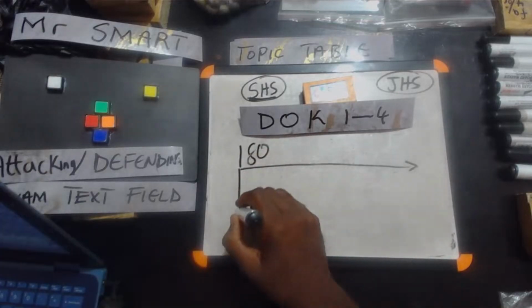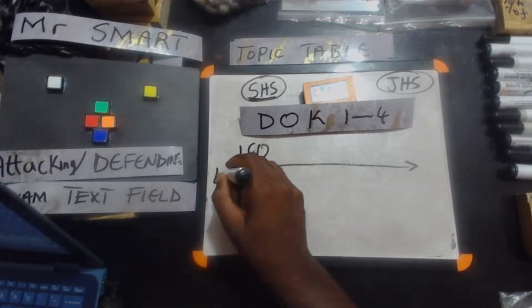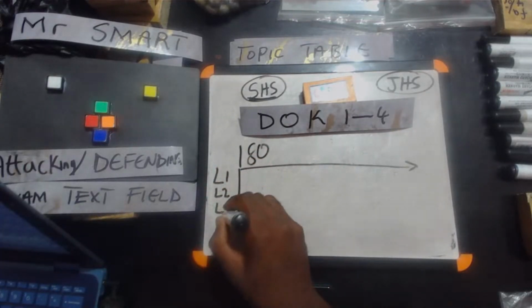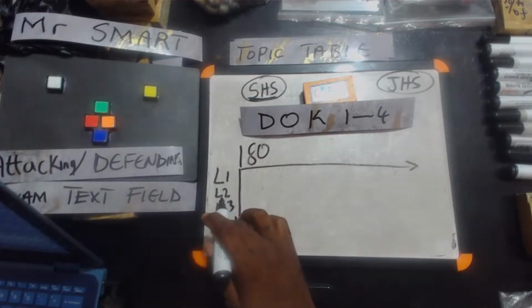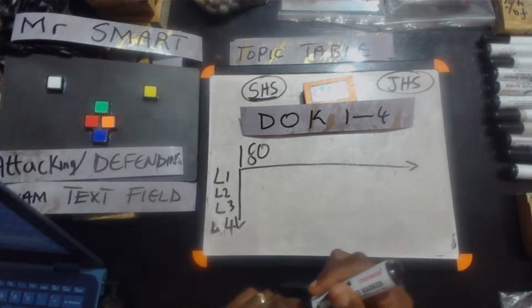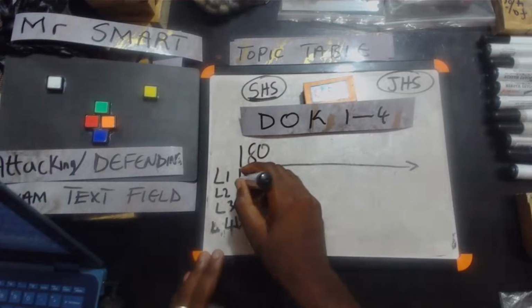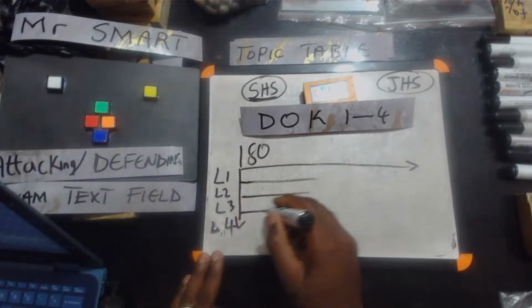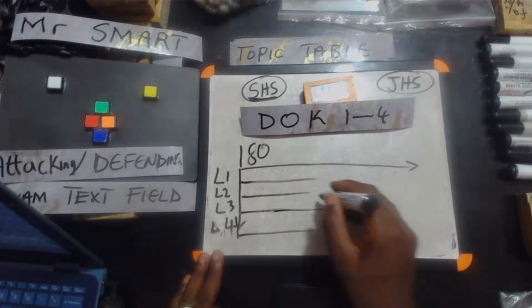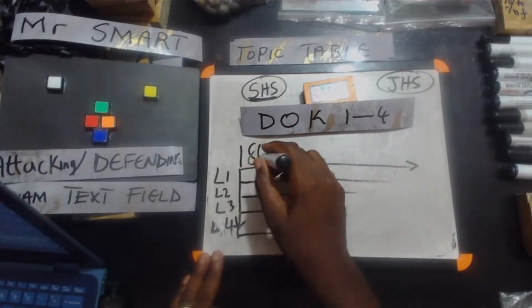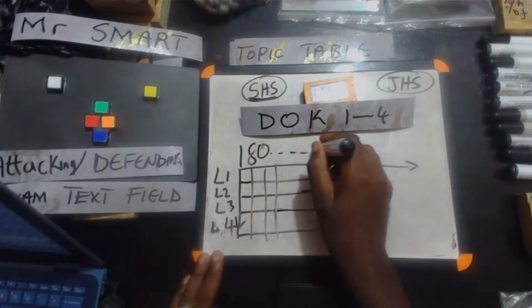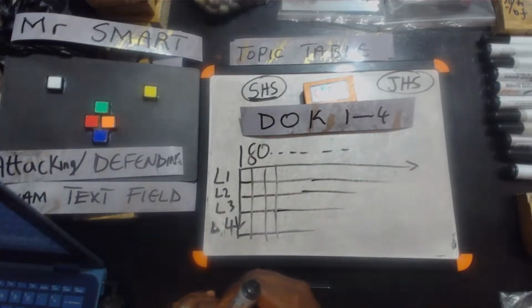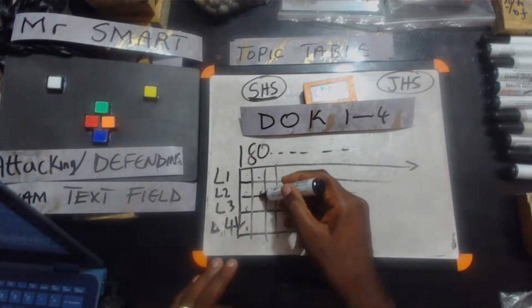Then there are 4 DOKs: level 1, level 2, level 3, and level 4. So there are 4 levels of difficulty, and each of the 180 topics has them.